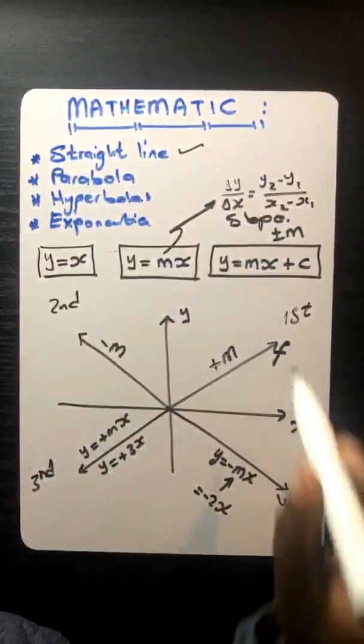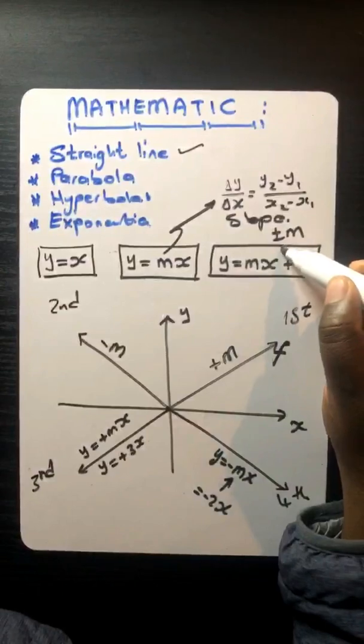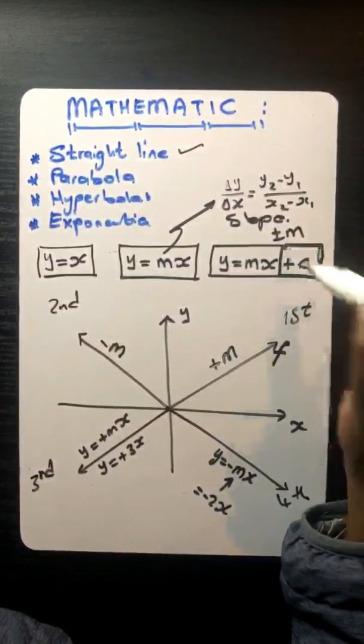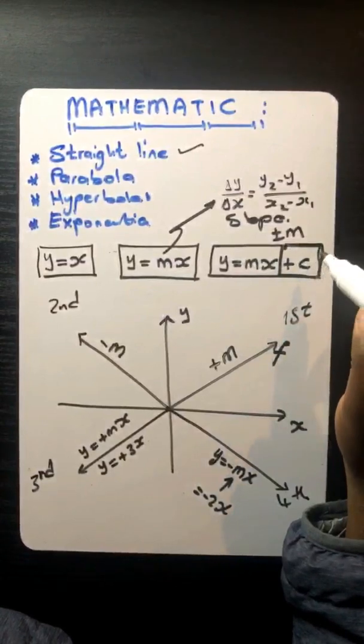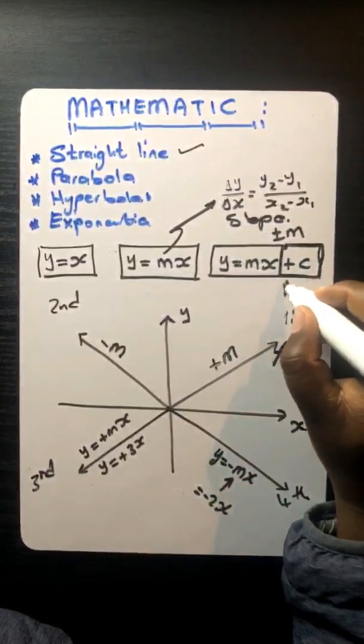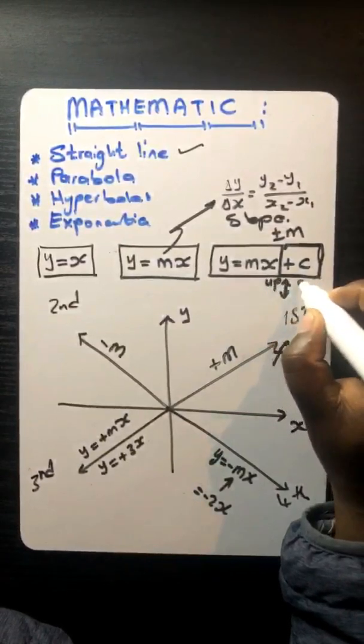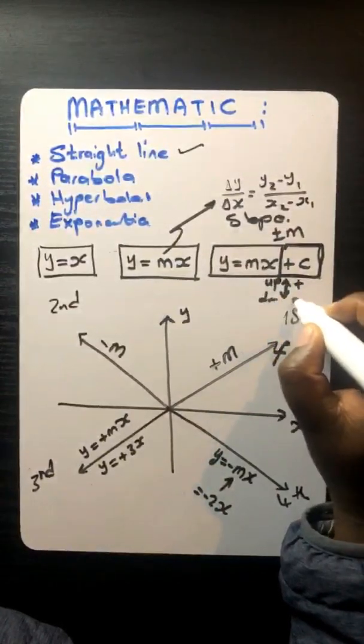So remember guys, I've just explained that the c value is the given. It tells us about the vertical shift. What is the vertical shift? The vertical shift is that of up and down. So up is positive, down is negative.